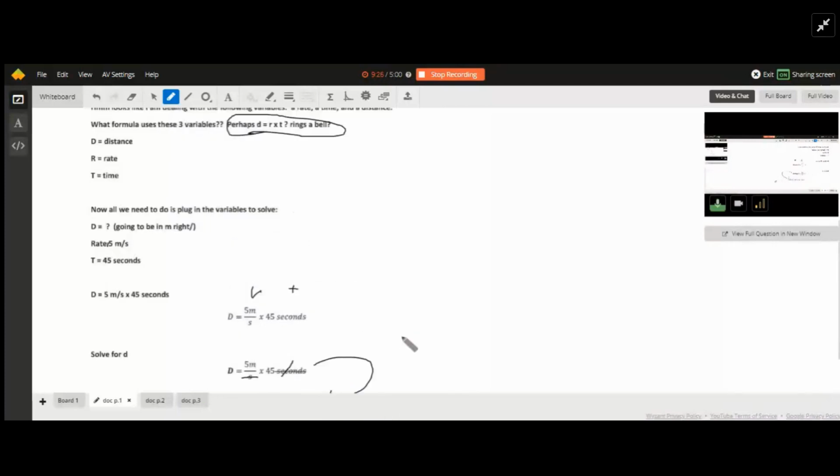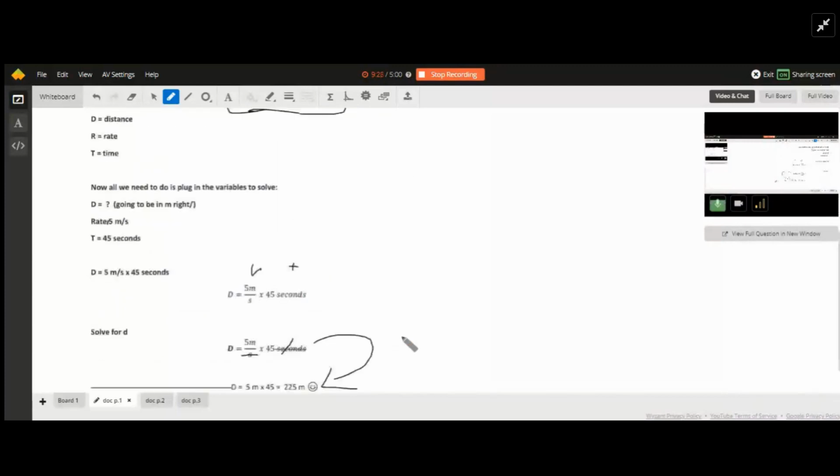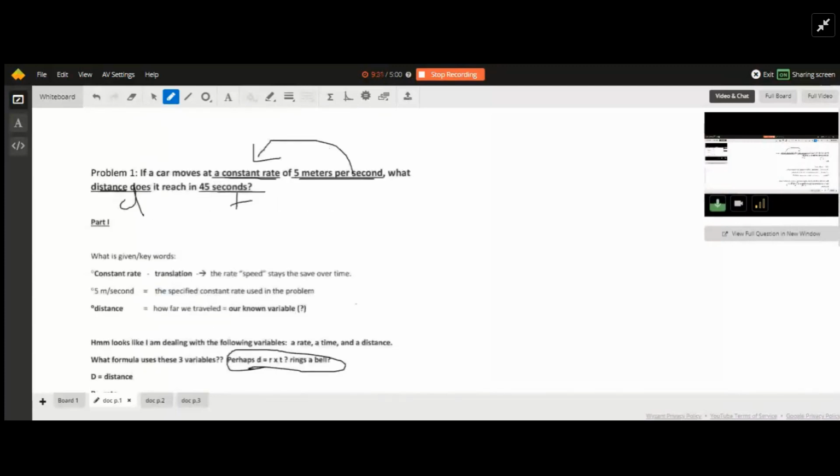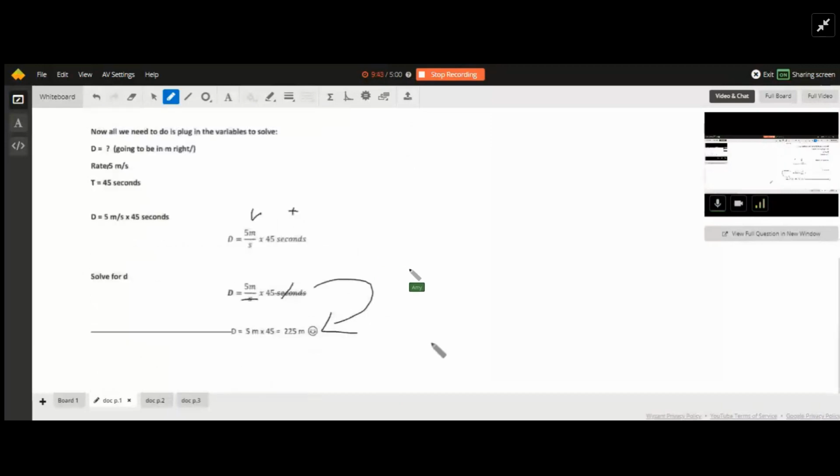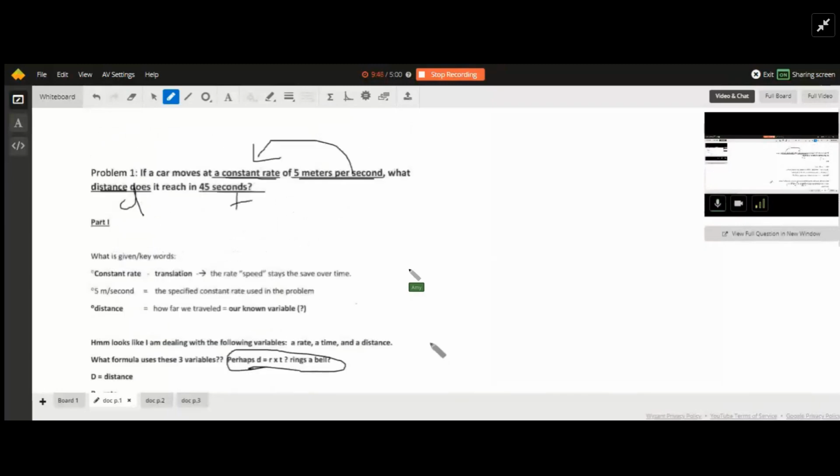One more thing that's helpful to think about is whether our answer makes sense. It might not be so obvious, especially if you're used to calculations like miles per hour. We have a constant speed of 5 meters per second. Does that make sense?